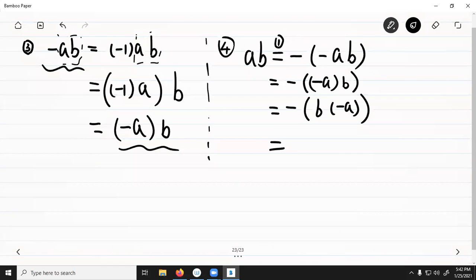You can put the negative inside the first letter, so this one would be negative B times negative A. This again uses the third result.